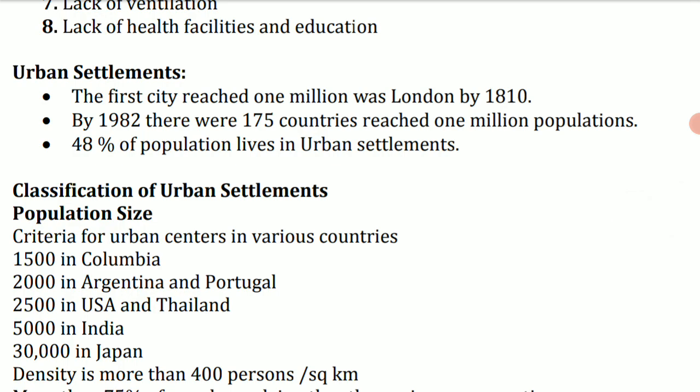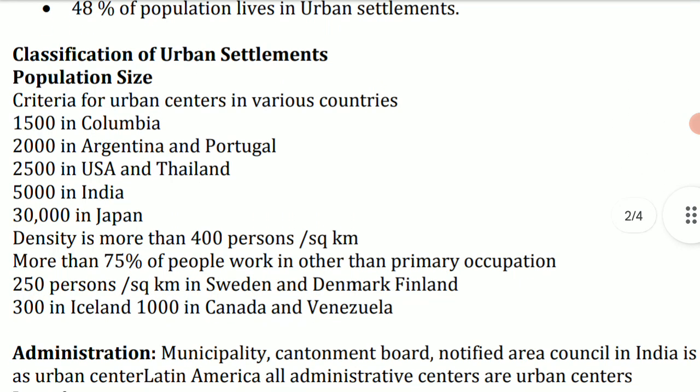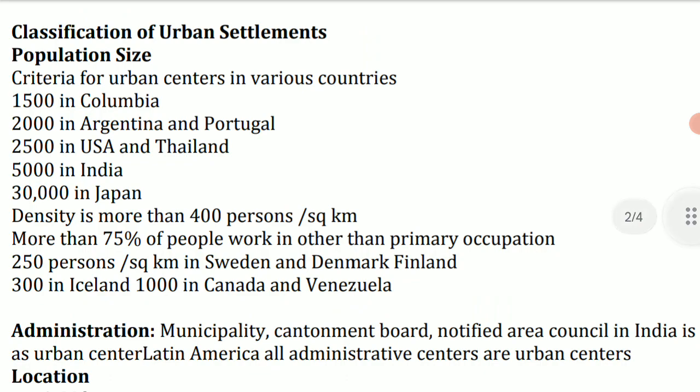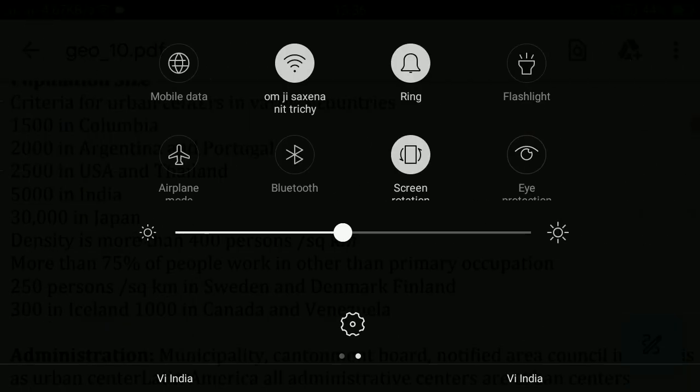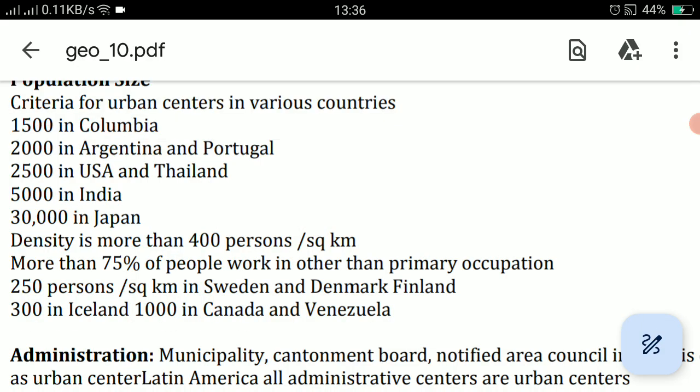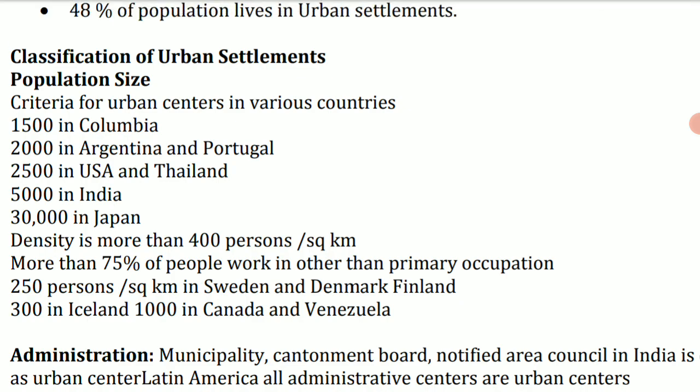The first city to reach 1 million was London by 1880, and by 1982 there were 175 cities that reached 1 million population, and 48 percent of the population lived in urban settlements. Now, talking about classification of urban settlements, by population size, the criteria for urban centers in various countries is 1500 in Colombia, 2000 in Argentina and Portugal, 2500 in USA and Thailand, 5000 in India, 30,000 in Japan.